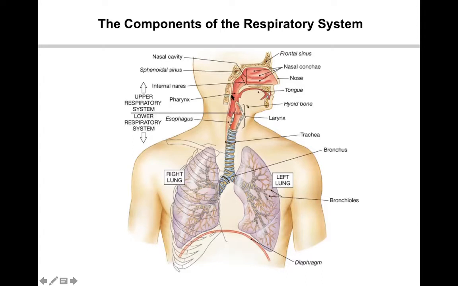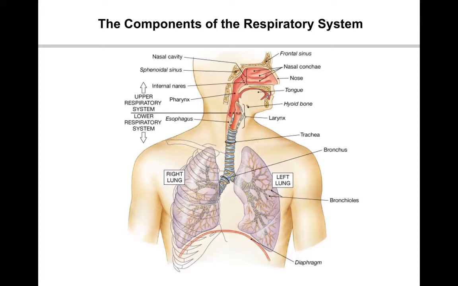We'll learn more about the pharynx eventually, but remember that all of these structures or organs are part of the upper respiratory system. The lower respiratory system, on the other hand, is the main part that does the work, that is, exchange of gases. The upper respiratory system is more like a conduction. It helps to conduct or move the air into the body.